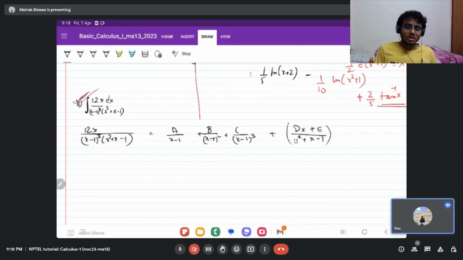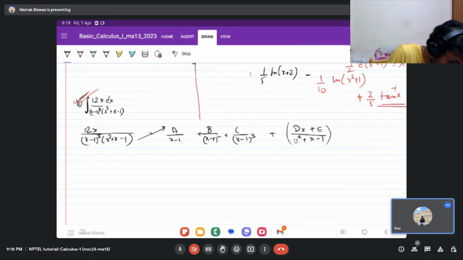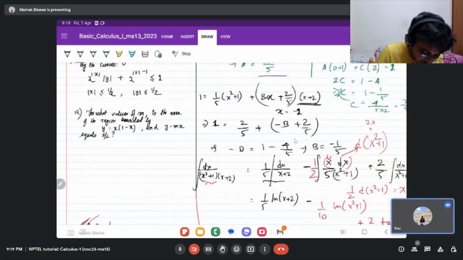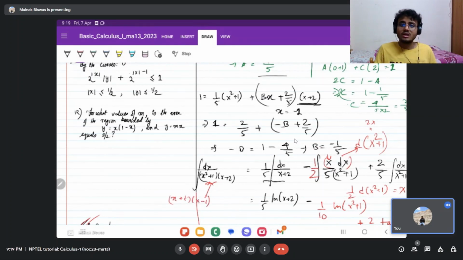If you do the cross multiplication, you need at least 5 equations to solve this, which would require a computer to do in general cases; it's maybe very, very difficult to solve. And regarding the previous question, x square plus 1, we could have written it as (x plus i)(x minus i), but we are avoiding integrals which have a complex part.